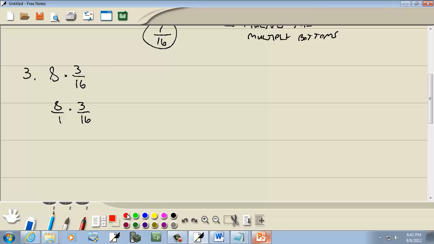And now we'll go through our steps. We'll simplify. I notice 8 and 16 are both divisible by 8. 8 divided by 8 is 1. 16 divided by 8 is 2. So we have 1 over 1 times 3 over 2. Now there's nothing else to simplify, so I'll multiply top parts together. 1 times 3 is 3, and the bottom parts, 1 times 2 is 2. So our answer is 3/2.